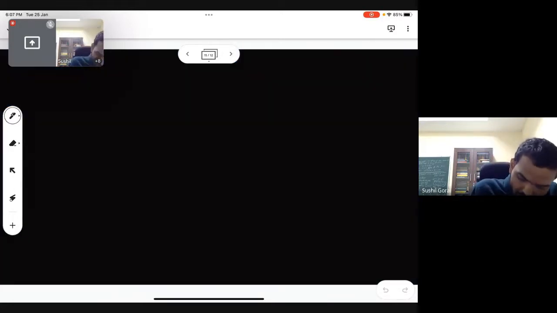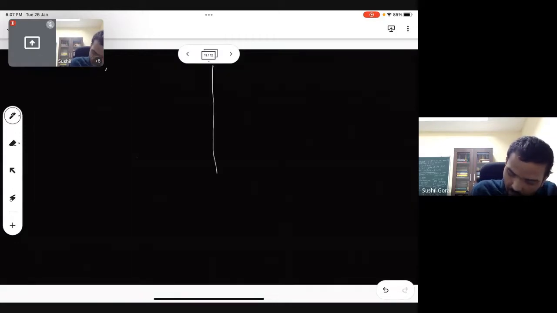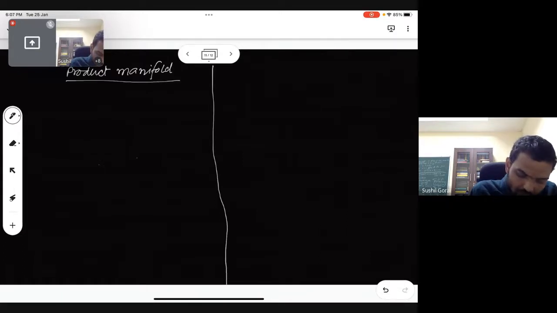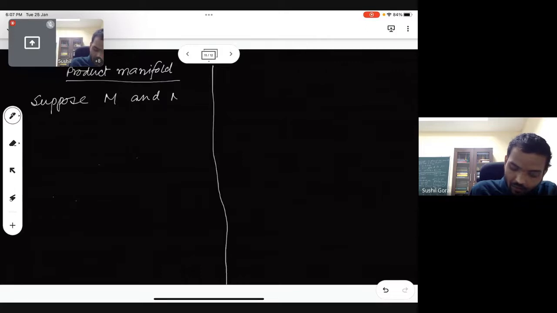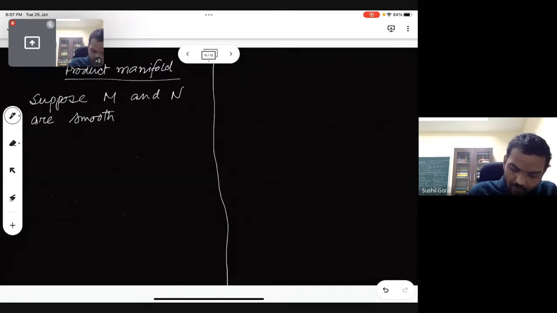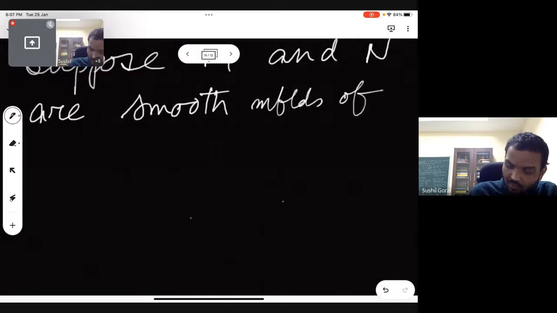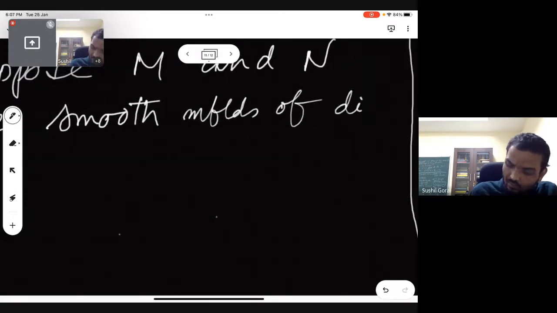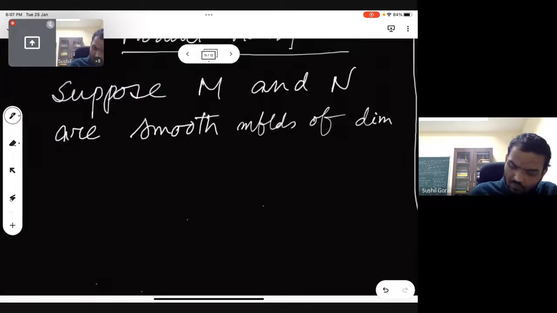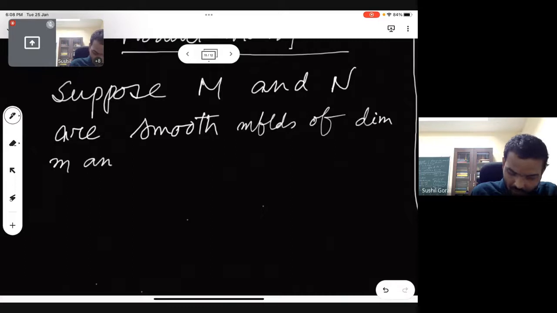All right. So let us look at what is called a product manifold. The question is, suppose M and N are smooth manifolds of dimension m and n respectively.